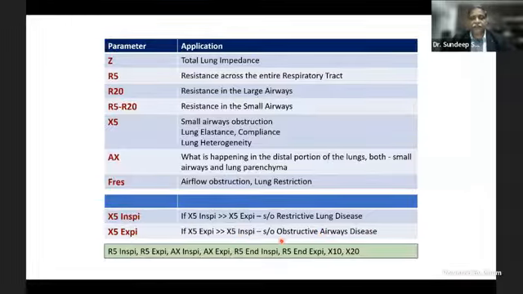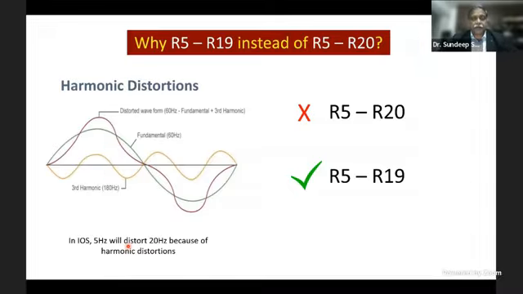Exactly the opposite happens in restrictive lung disease, where they have difficulty in breathing in. And therefore, the X5 inspiration is more negative than the X5 expiration. So now you can use your X5 inspiratory and X5 expiratory values to understand whether there is obstructive airway disease or restrictive lung disease. That's the beauty of this parameter. And I'll show you some examples of this.